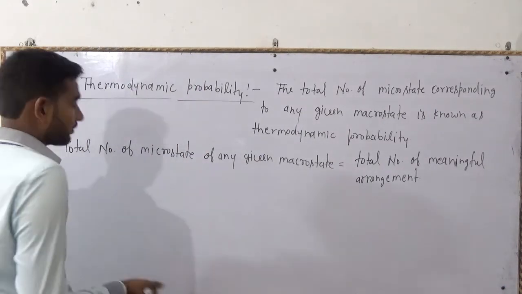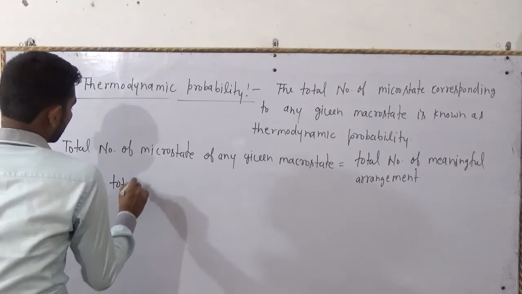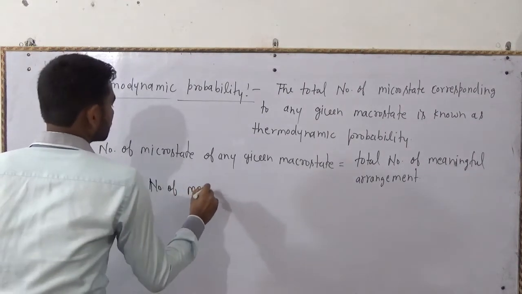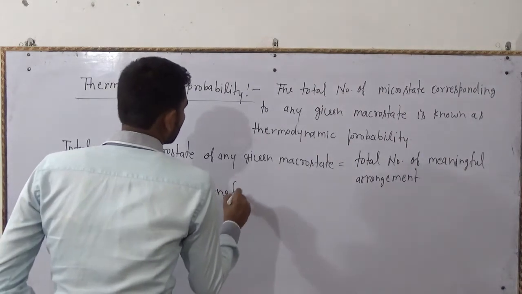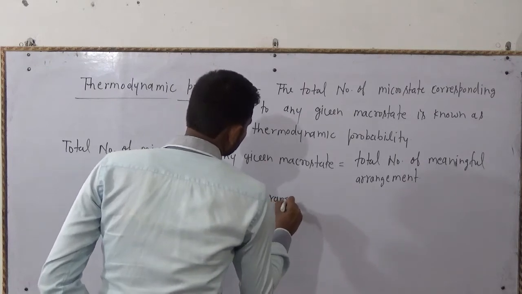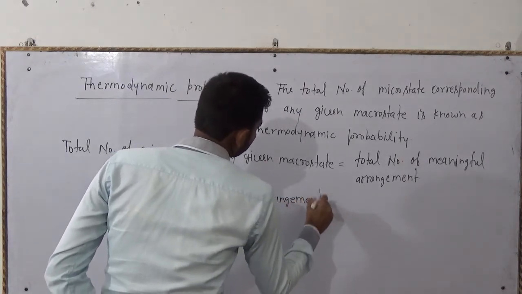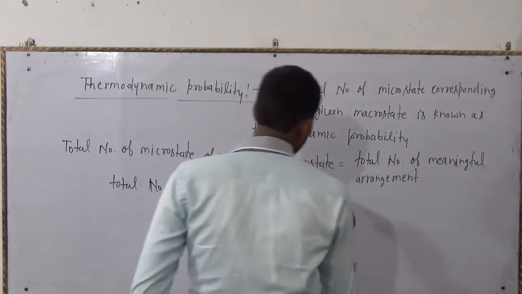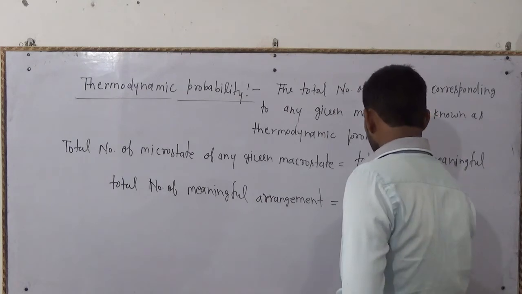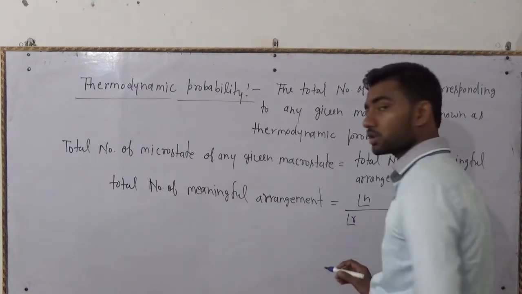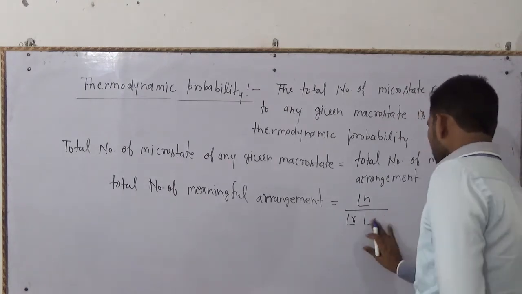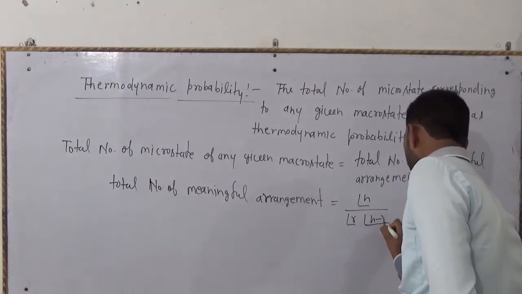We can find it by the formula factorial n upon factorial r into factorial n minus r.